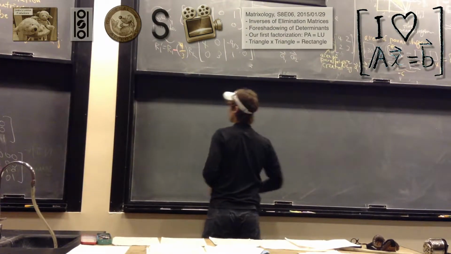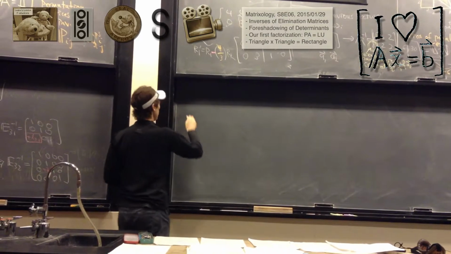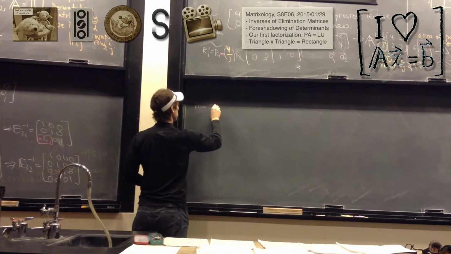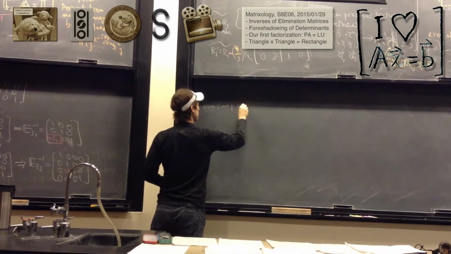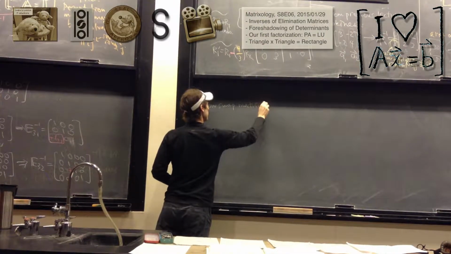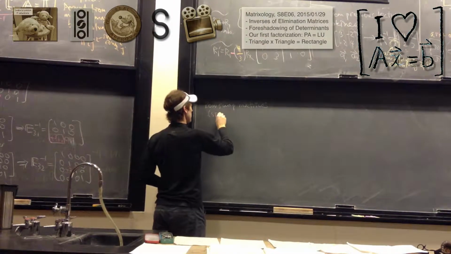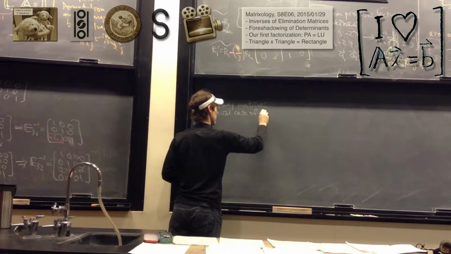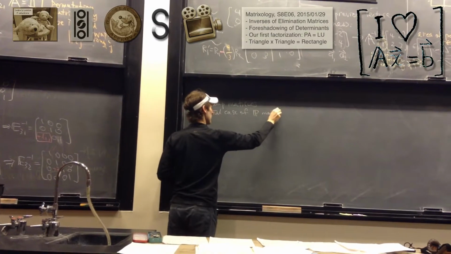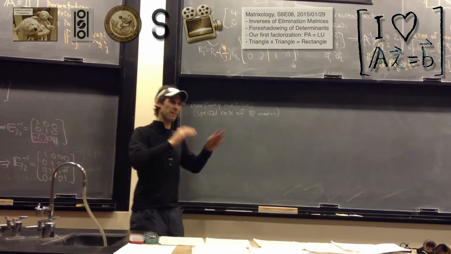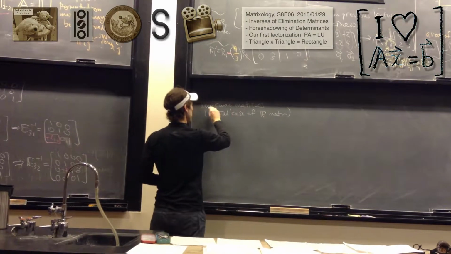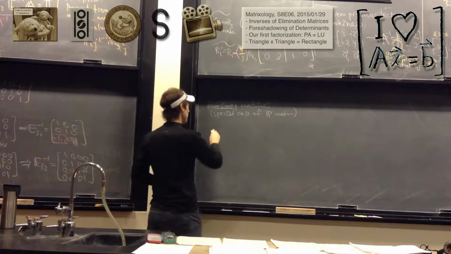And let's call them row swap matrices, really a special case of permutation. Right? We could permute everything, and also we could jumble everything, but we'll denote them as row swap. We're only swapping i and j.